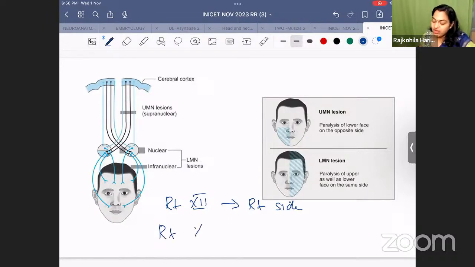Injury to the right vagus, the uvula will deviate to right side or left side? Injury to the right vagus nerve, the uvula will deviate to the side which is normal. So please remember, left side.